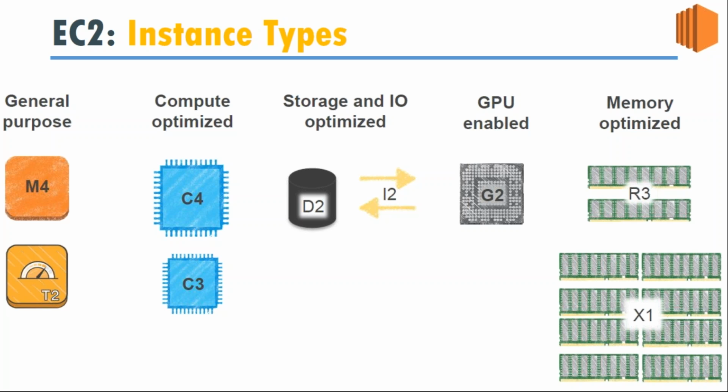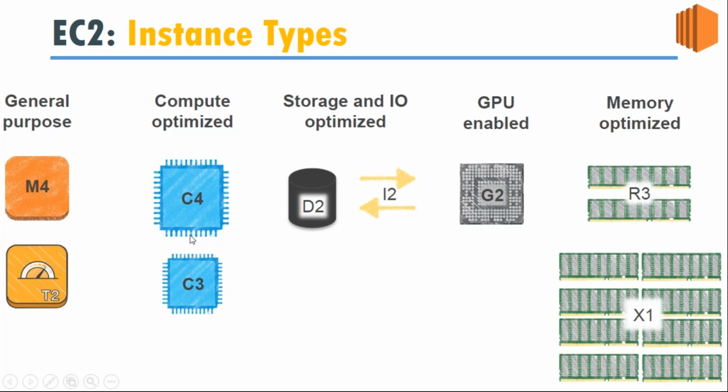It is customized for burst capability. That is, you can have a T2 instance going from 0 to 80% of your CPU if you have the budget, or CPU credits as Amazon calls them. If you have the CPU credits, then you can burst your capacity. That is why you can see the speedometer kind of a needle there, so that you can symbolically associate it with the burst capabilities.